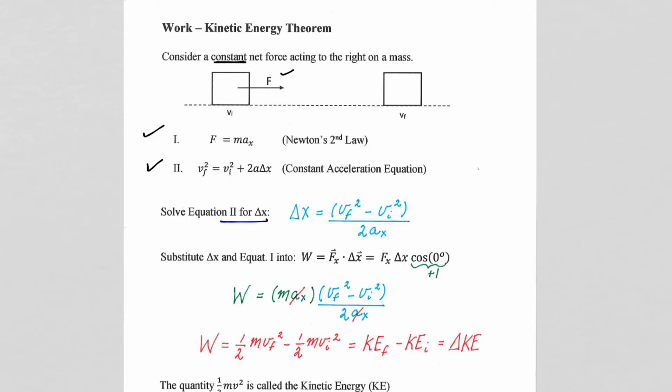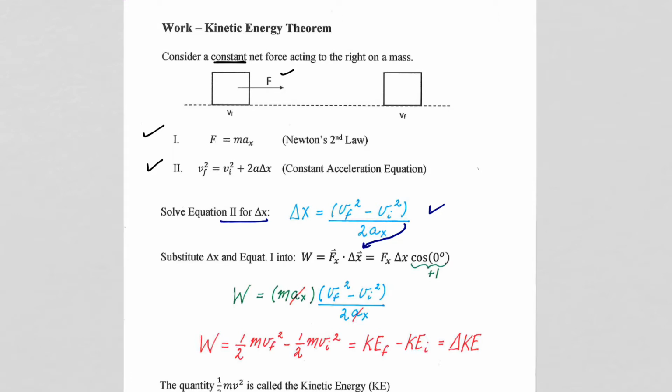So just do the algebra to solve for delta x, get it by itself, and we have this v final squared minus v initial squared over 2a. Well, we are going to substitute that in for delta x in our F dot delta x equation.